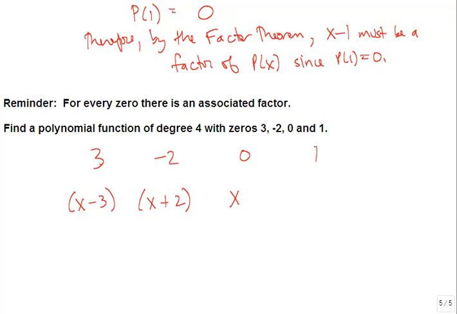And if 1 is the 0, then x minus 1 must be the factor. So to get the polynomial of degree 4 that has all 4 of these zeros, we just multiply them all together and label it p of x. And this is degree 4 because I have x to the first, one here, one here, one here, and one here. That's degree 4. So there's my final solution.